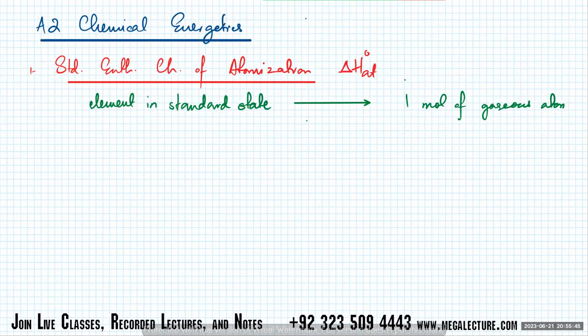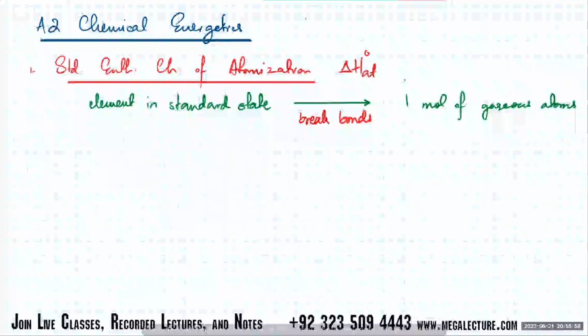The only way you can create these gaseous atoms is by breaking bonds, and breaking bonds is always endothermic.